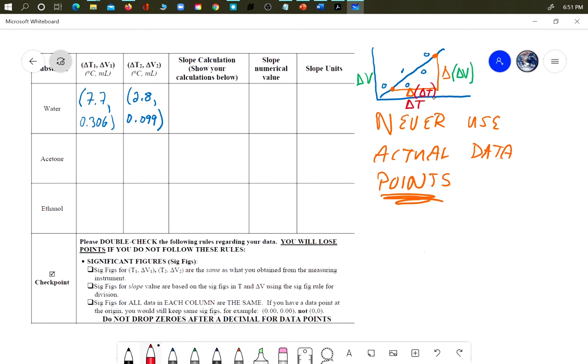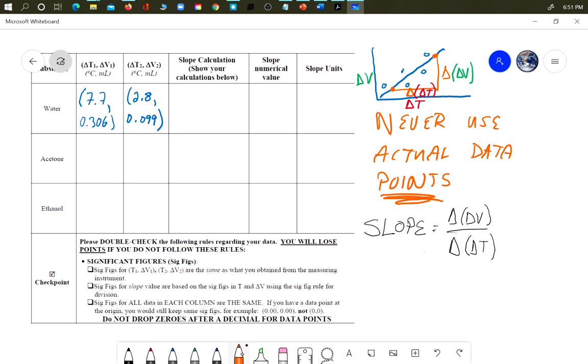So now the slope of this line, let's do black. The slope is the change in the y variable divided by the change in the x variable.